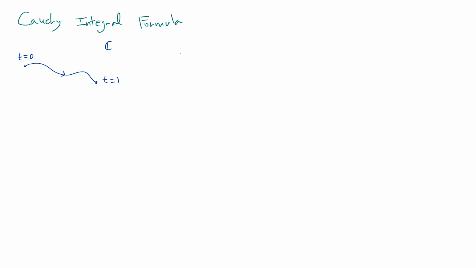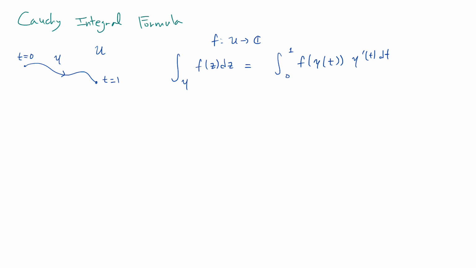Then the integral of some function f, a function from some domain to C, and let's assume this entire path is contained in U. If we call this path gamma, we define the integral of f(z) dz over gamma to be the integral from 0 to 1 of f(gamma(t)) gamma'(t) dt. So this is the dz, and gamma is how you parameterize the path as you move.